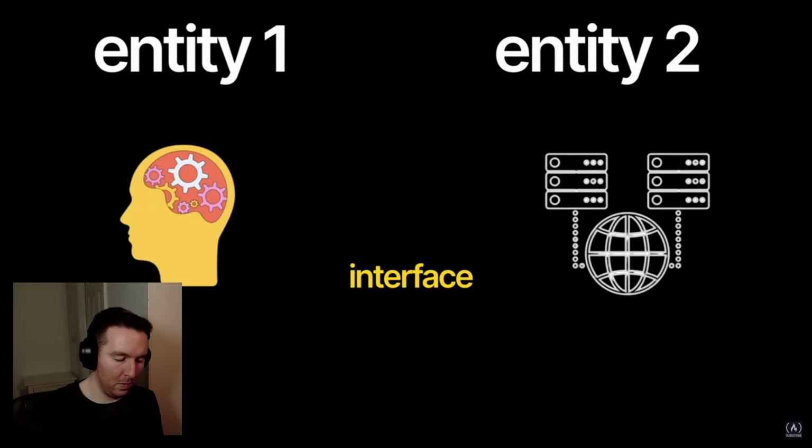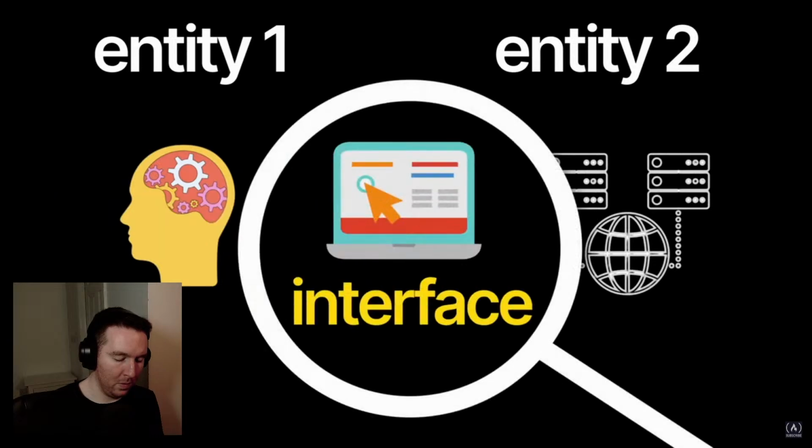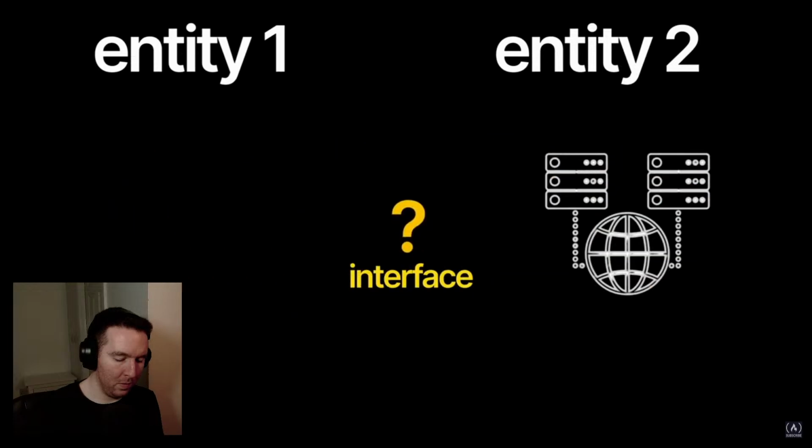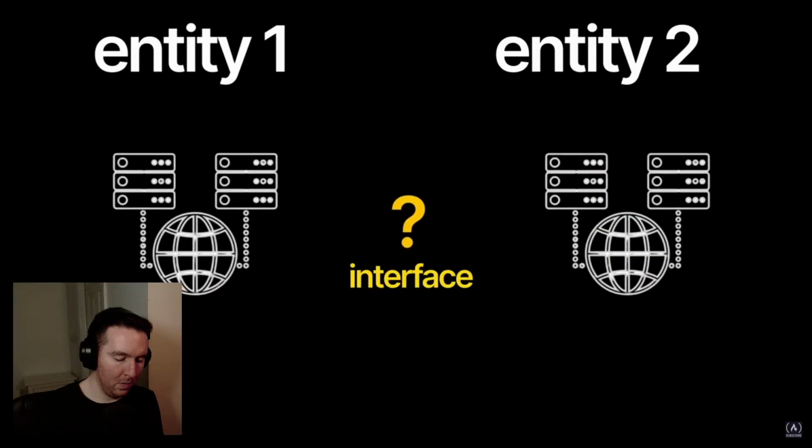And that's via a graphical user interface, right? Because a human can easily navigate a GUI using buttons and text inputs, etc., and those interactions are relayed to the computer. So we understand how a human interfaces with a computer, but how does a computer interface with another computer? Well, a computer interacts with a computer by making use of an interface as well.